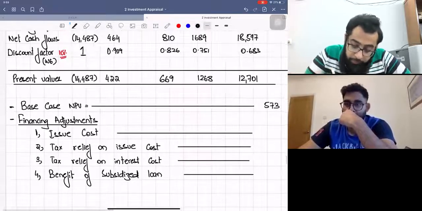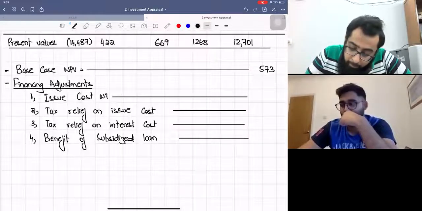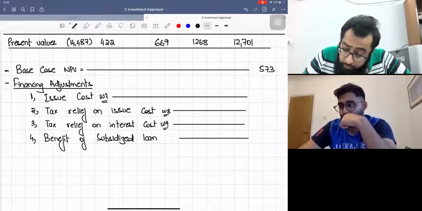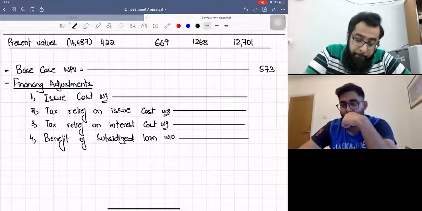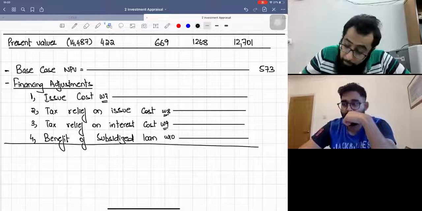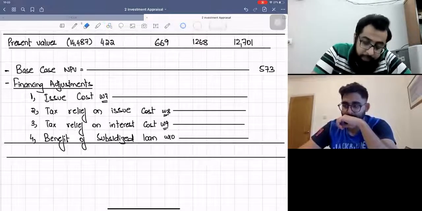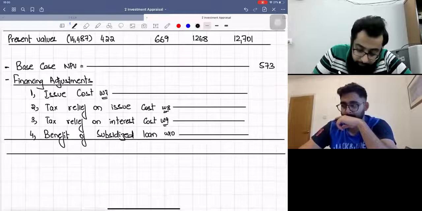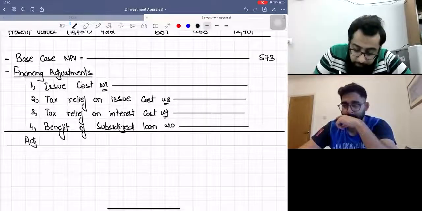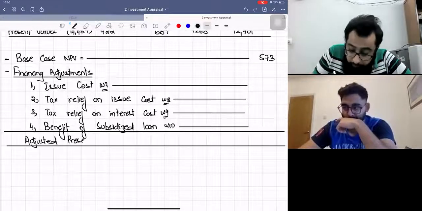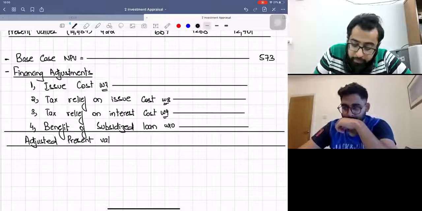So this will be working 7, working 8, working 9, and working 10. And then we will get the adjusted present value. Now there are some small things which you need to learn here. Adjusted present value.